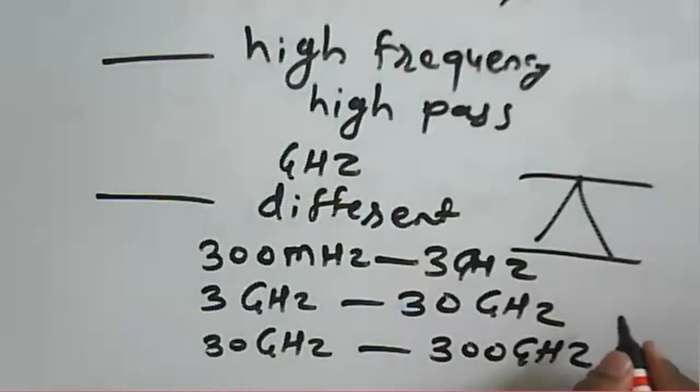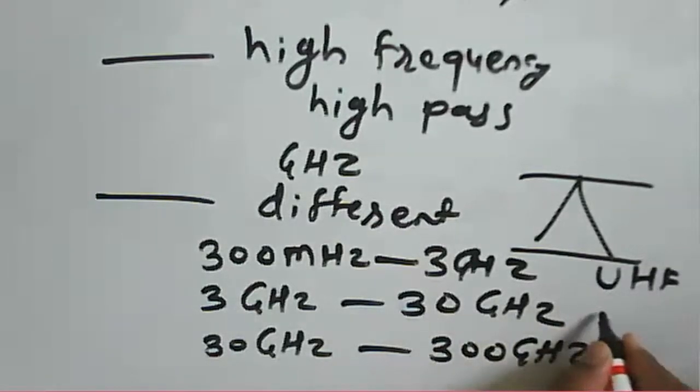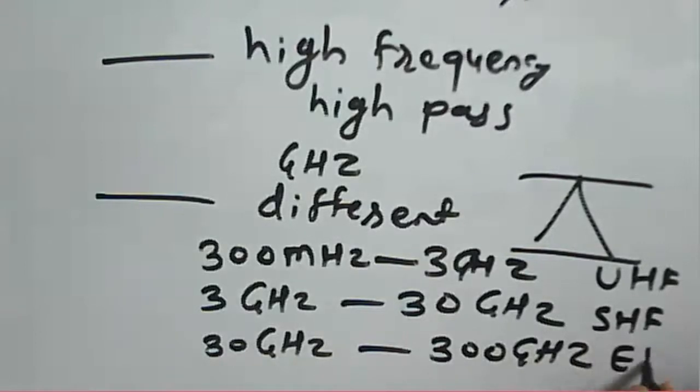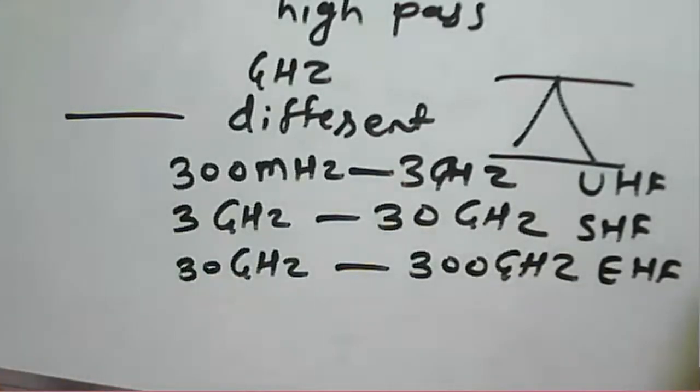That is, the UHF band, the SHF band, and the extremely high frequency band. Ultra high frequency band, super high frequency band, extremely high frequency band. So that is about the rectangular waveguide.